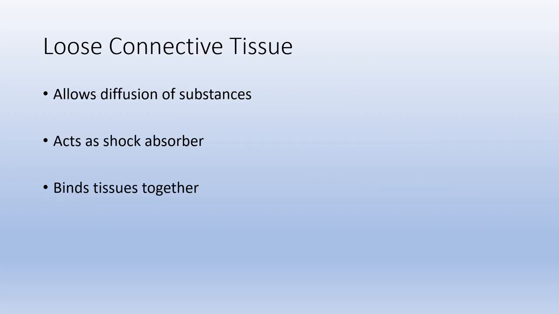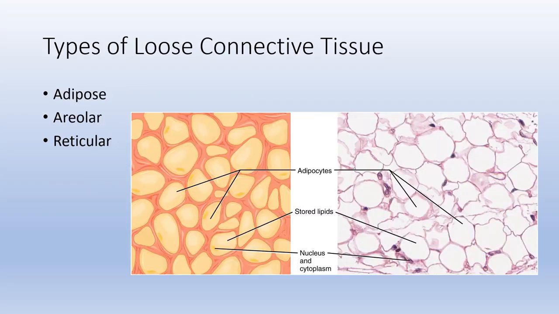Your loose connective tissue allows substances to diffuse through it fairly easily. The ground substance is not tightly packed. It can act as a shock absorber. It helps bind tissues together. The types of loose connective tissue, as you saw in the previous table a few slides ago, are adipose, areolar, and reticular.